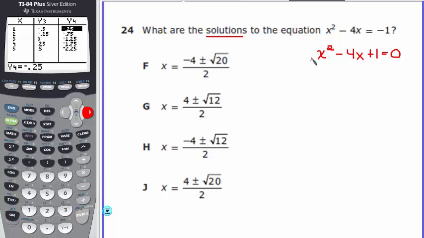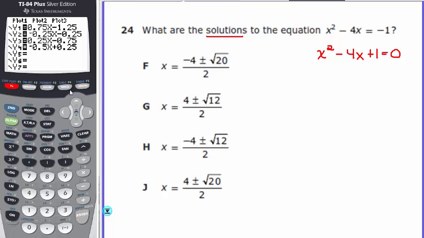Once one side equals 0, you can proceed and go to the calculator. We want to delete everything that we have there from the previous problem, and we want to enter our new equation, which is x squared minus 4x plus 1.